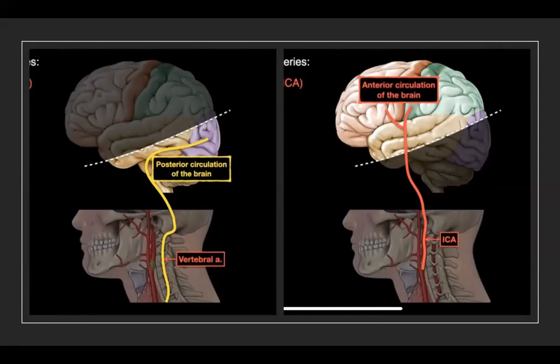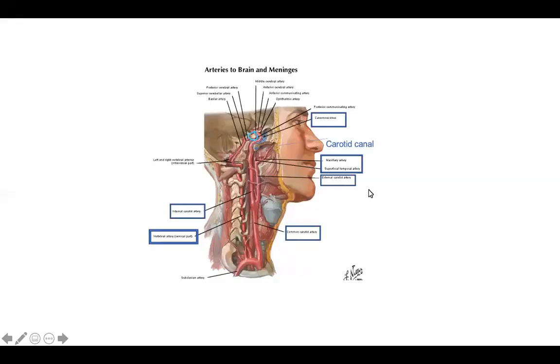Now, the course of the internal carotid artery is that it runs along the carotid sheath in the cervical part, and then it runs in the carotid canal, and then it exits in the foramen. Here, you can see it exits in the foramen here, and then it will divide.